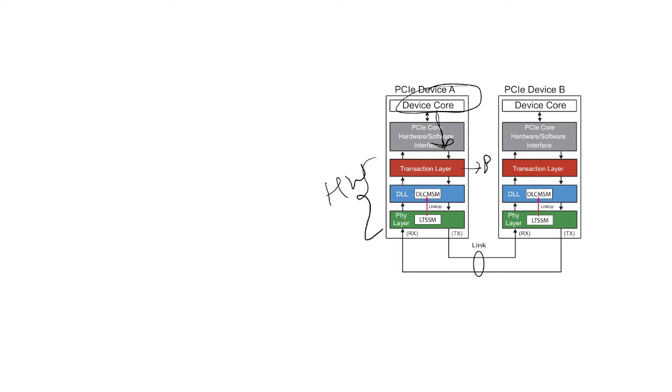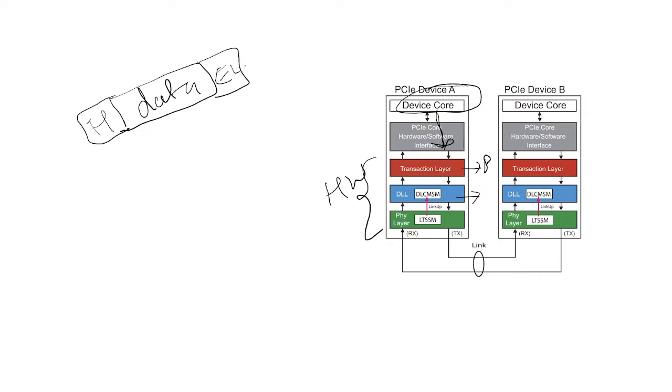In the data link layer, these packets are called link packets. It will add a sequence number and LCRC. From the top layers you get data; the transaction layer appends a header and ECRC, and the data link layer adds a sequence number and LCRC.